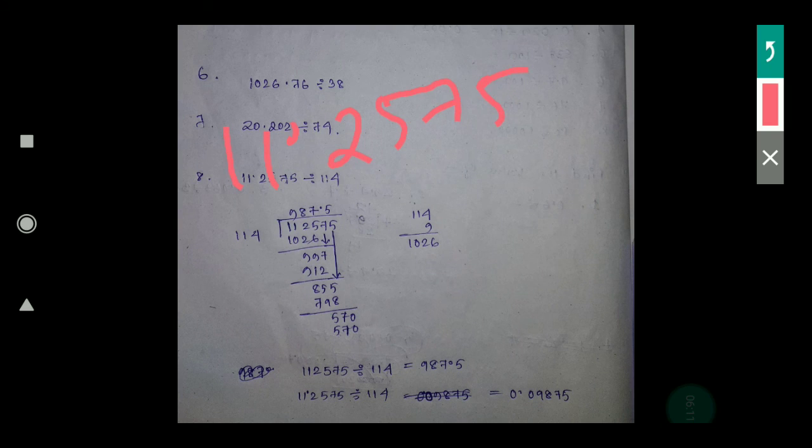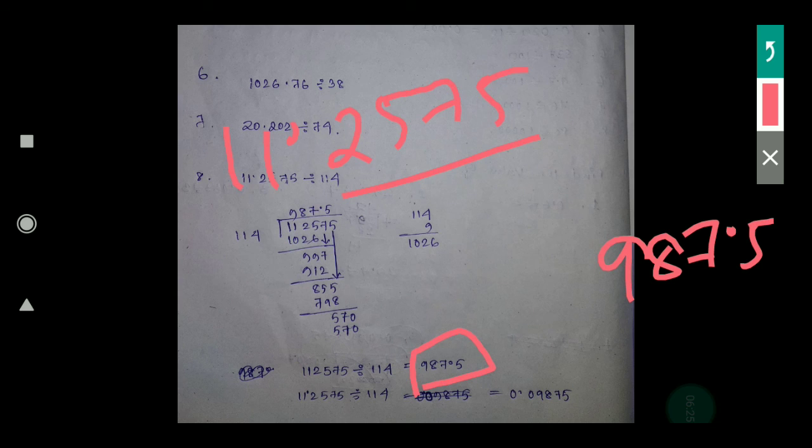But in the question it is given 11.225, how many decimal places? 4 decimal places. Previously while dividing we have got this, but the answer will be in 4 decimal places. That means from this 7 I have got this one, no? 987.5. From this place it will shift by 4 decimal places. So already 3 digits are there, that means here it will be 0, then here the decimal point.